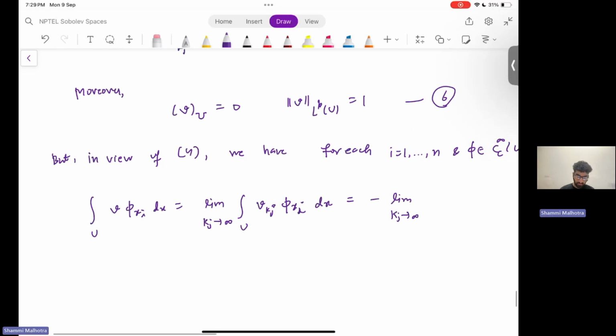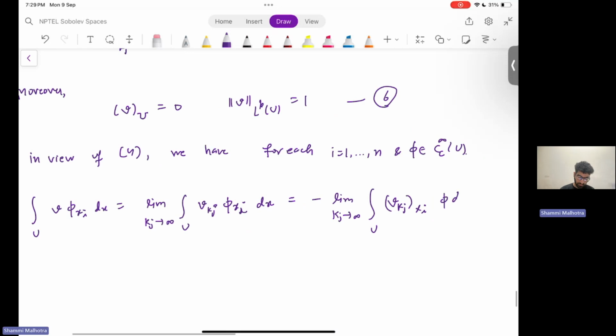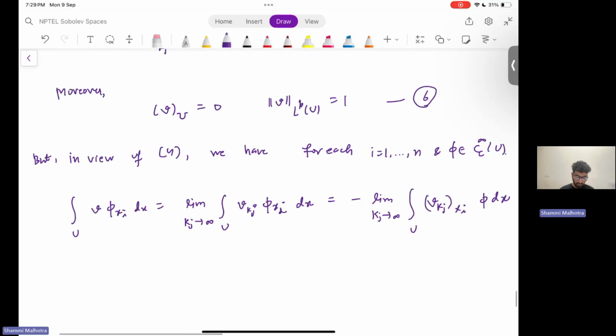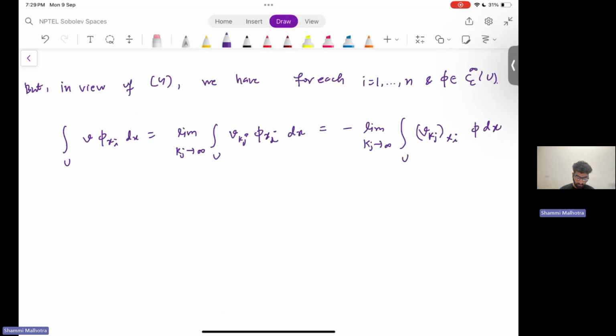But these derivatives have norm less than or equal to 1 by k, and so the limit has to be equal to 0.